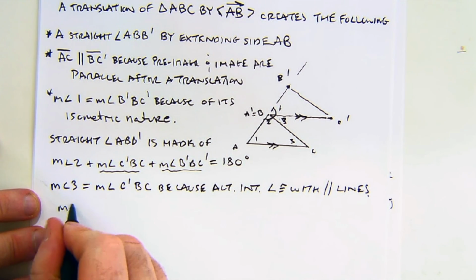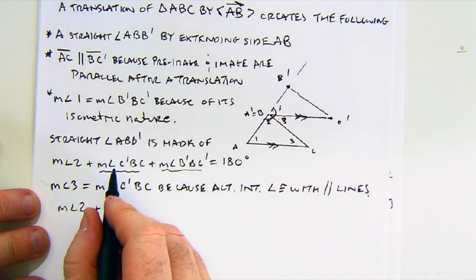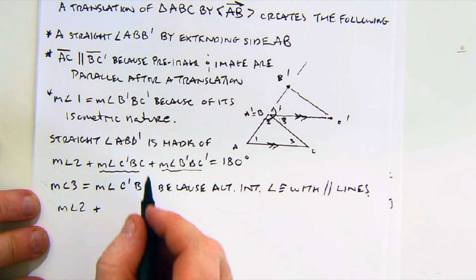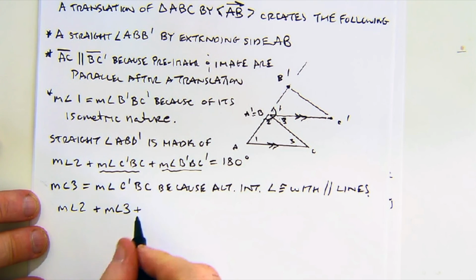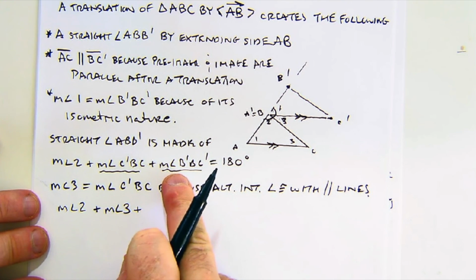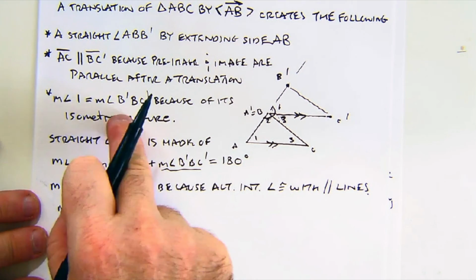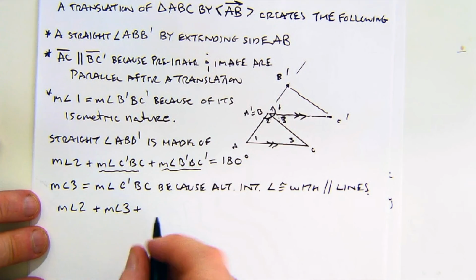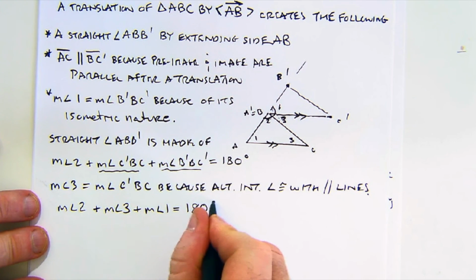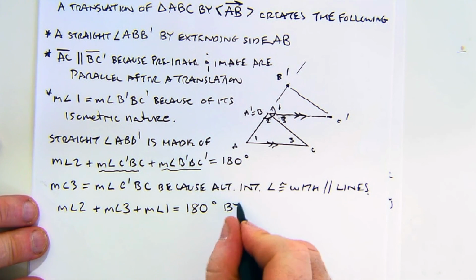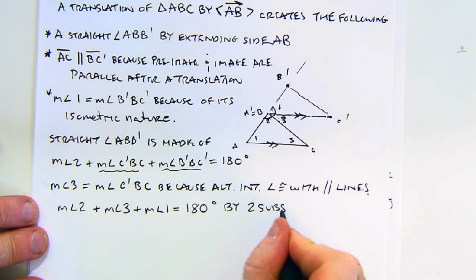So the measure of angle 2, now this angle C prime BC, I just said that that's equal to 3 because of the alternate interior. This angle here I earlier established is the same as angle 1 because of the isometric nature. And so therefore they all equal 180 by 2 substitutions.